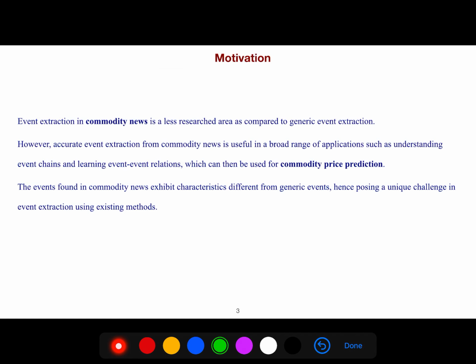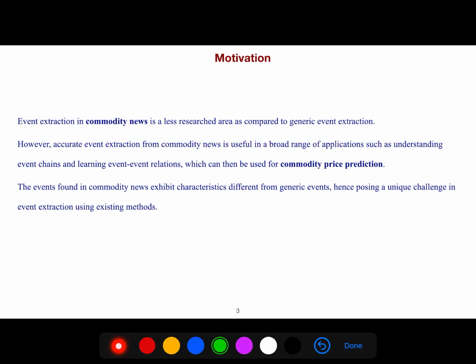Event extraction in commodity news is a less researched area as compared to generic event extraction. However, accurate event extraction from commodity news is useful in a broad range of applications, such as understanding event chains and learning event-event relations, which can then be used for commodity price prediction.